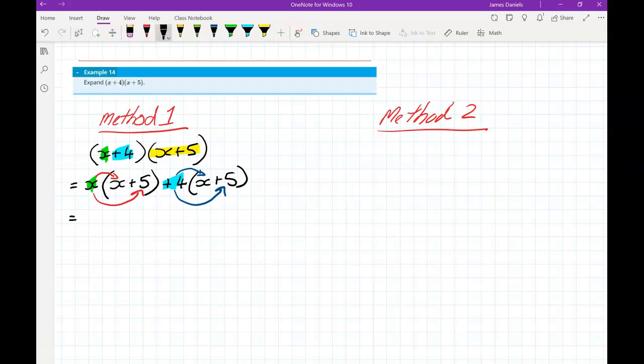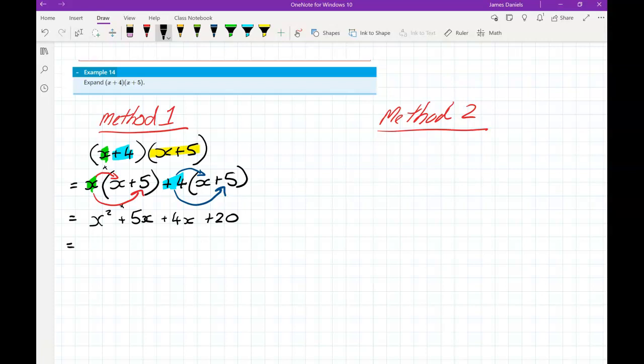Let's build our third line of working. I start with x, and I'm going to multiply it by x, creating x squared, and then I have x multiplied by 5, got 5x there. Moving along to our second bracket, positive 4 multiplied by x, plus 4x, 4 multiplied by positive 5, plus 20.